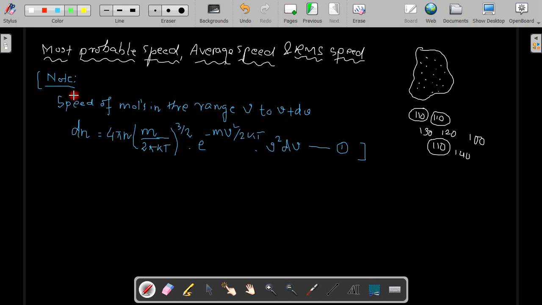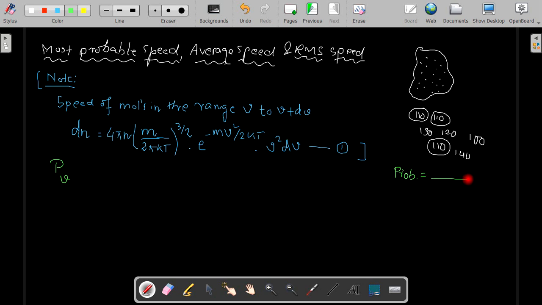Now if I say something is most probable, we are basically talking about a probabilistic idea. If we are considering how many particles are having a velocity v, we have to use the concept of probability. And what is the idea of probability?